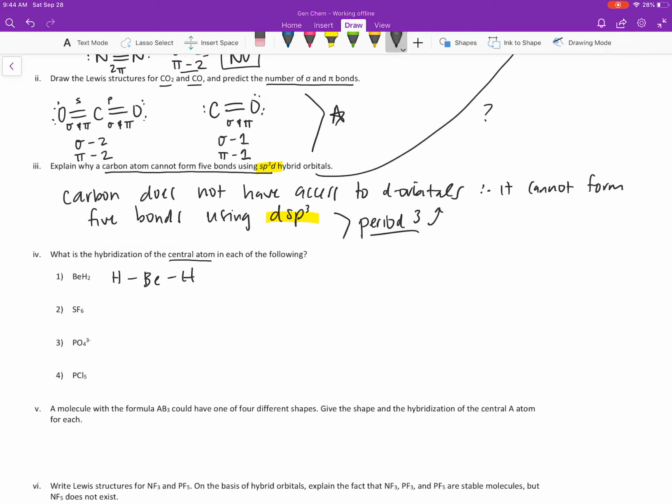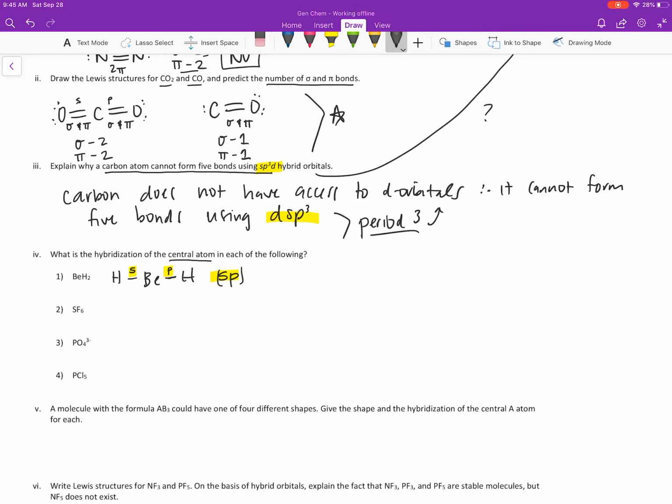Beryllium has 2 electrons. It's going to give 1 to each hydrogen and form 2 covalent bonds. So the way I usually do a hybridization is I just go in order around the bonds. I have 1 S, 1 P. This is sp hybridized. It's linear, so I could also predict based on the linearity of the structure that it is sp hybridized.